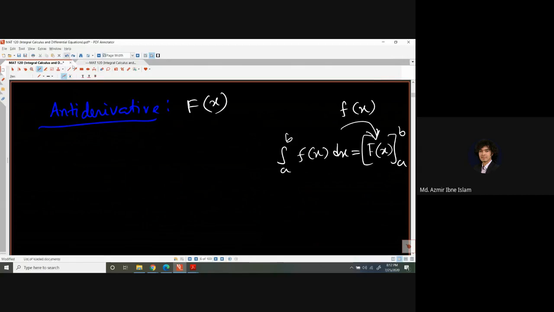But there is a relation between the antiderivative capital F of x and the original function f of x.